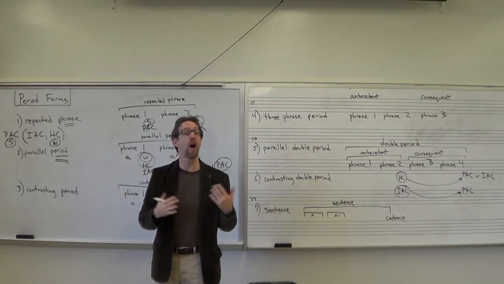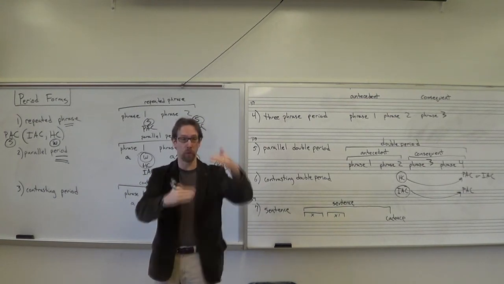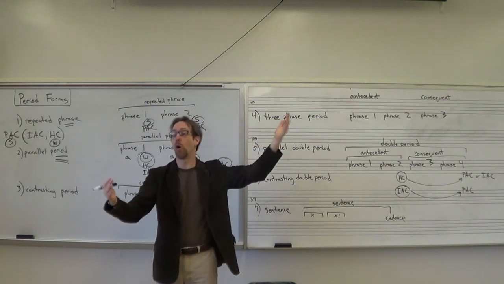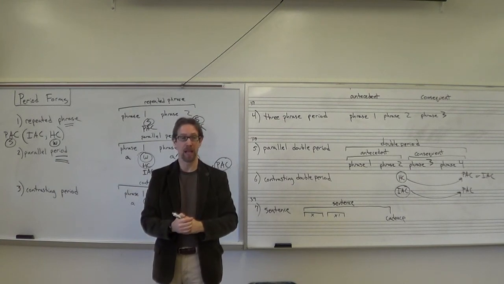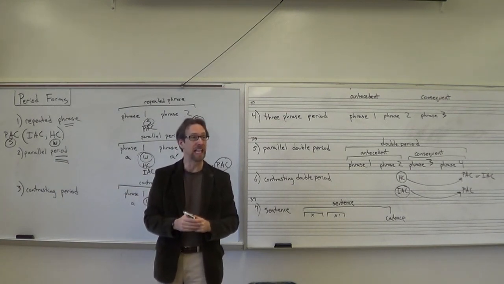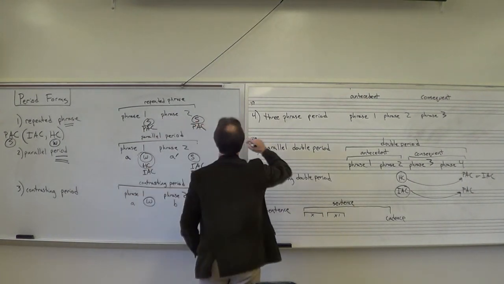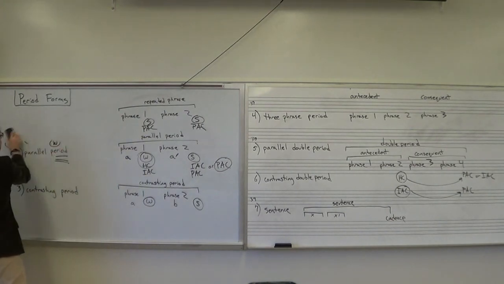And so what you will often be asked to do is analyze music. So you'll be given a score, piano, voice, orchestra, string quartet, and they'll say mark the phrases, label the cadences, and indicate period structures. So, again, the things that you'll be asked to do. I'm going to erase this right here.